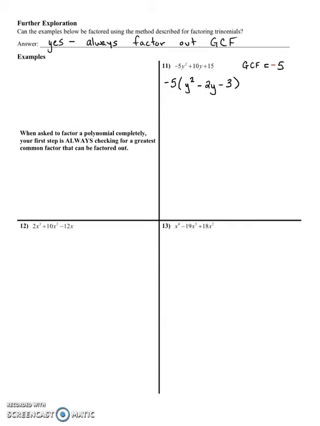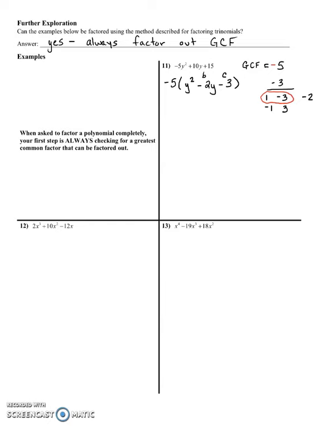Now, if I use what we learned in the last video, we have a b of negative 2 and a c of negative 3. So we need everything that multiplies together to give us negative 3. That's either 1 and negative 3 or negative 1 and positive 3. And we need the combination that adds up to give us negative 2. So 1 plus a negative 3 gives us a negative 2. That's the one we want then.